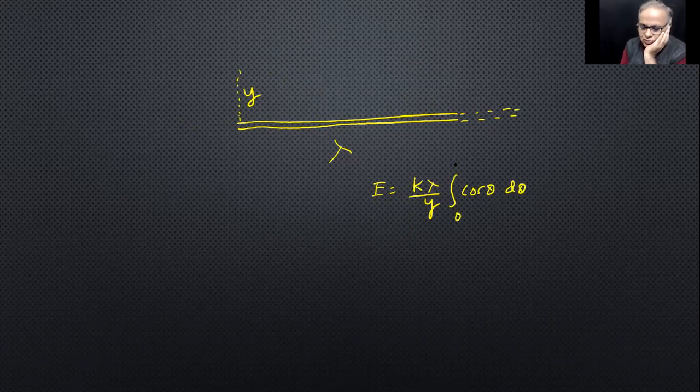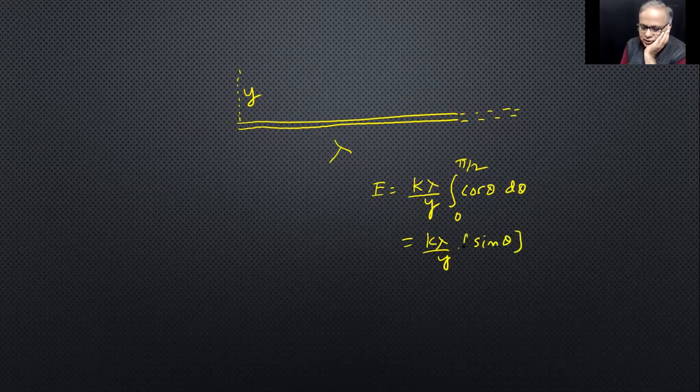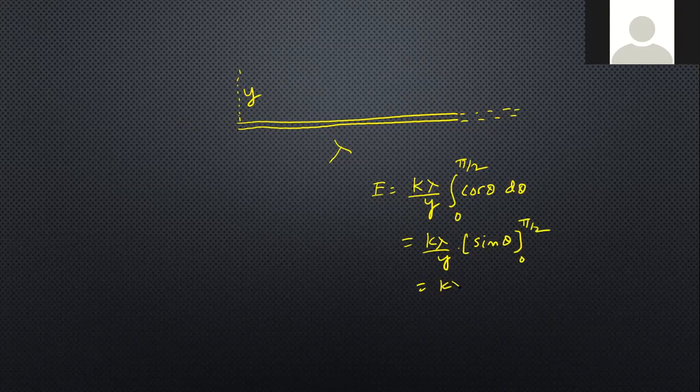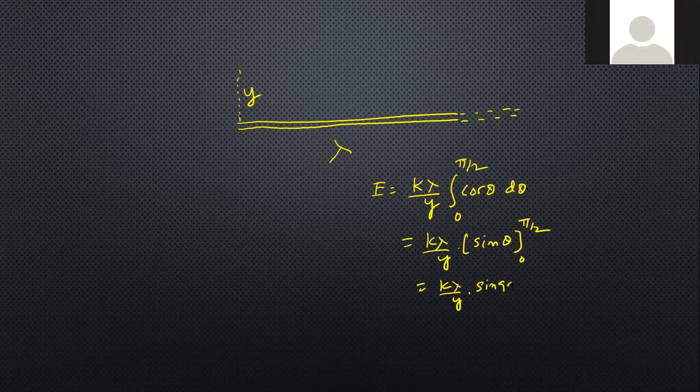So 0 to pi by 2 you want me to put, I'll put it. So k lambda by y, what is integral cos theta? Sine theta between 0 to pi by 2, which is k lambda by y, sine 90 minus sine 0.